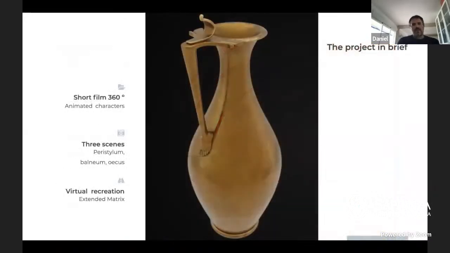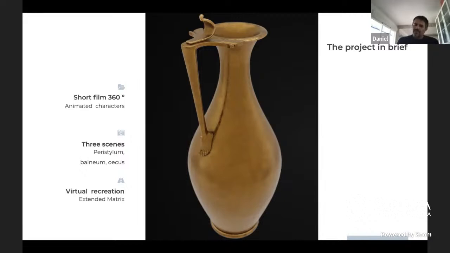Here are a few key aspects about this project. We will come later again to any of these parts, but briefly, it's a short film in 360 degrees, made entirely in Blender, using other software, but using Blender as the main software.